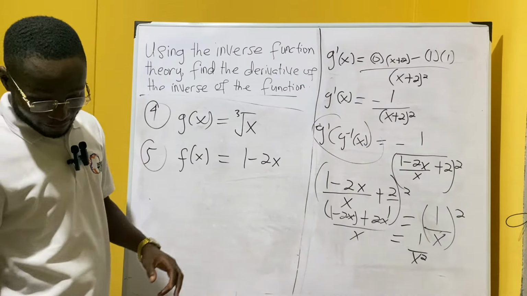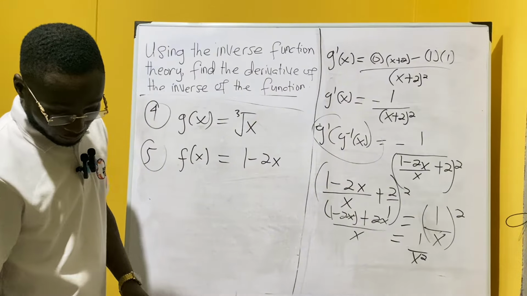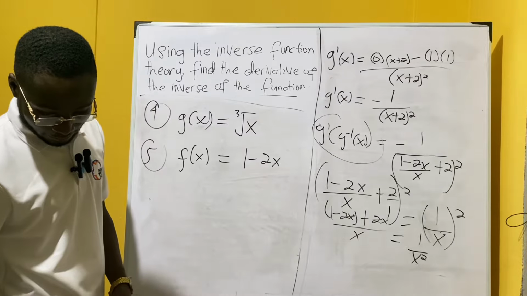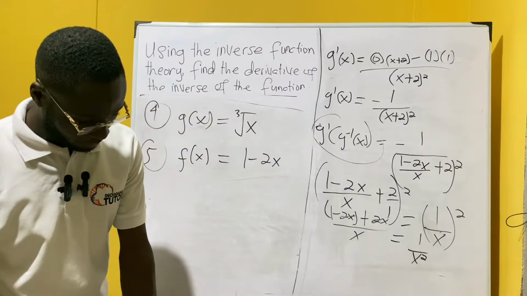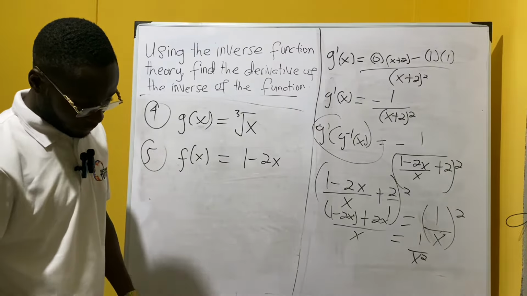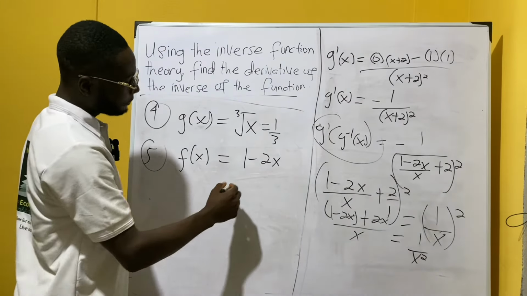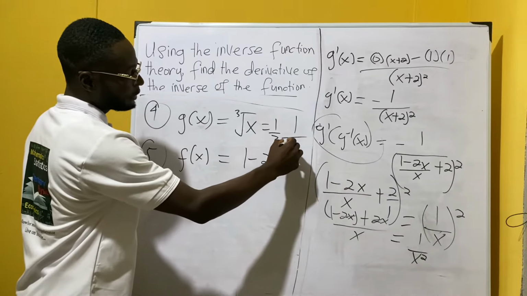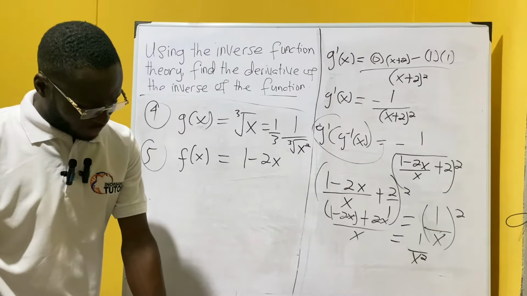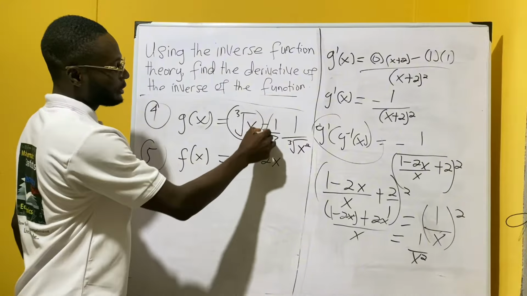And this, our answer is going to be 1 over 3, then the cube root of s squared here. So the answer to this particular question is this, right?